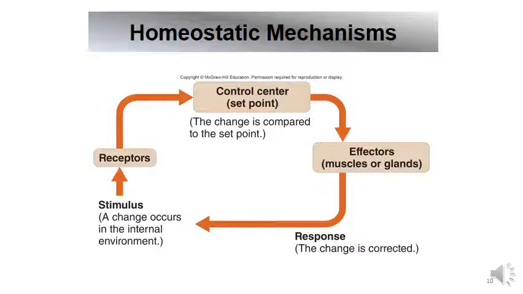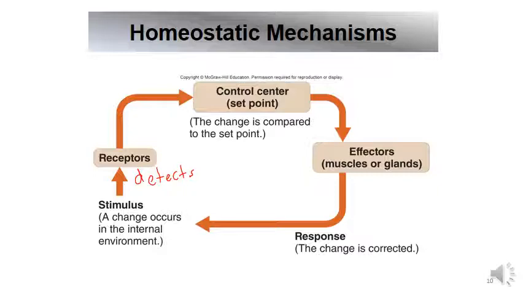So receptor, again, receptor, know that this one is the one that detects. Control center is the decision maker, and the effectors are the ones that are actually going to be doing the work. So know the definition of these. So if I say, which of the following is the one that detects a stimulus, that detects a problem, then you would pick receptor.